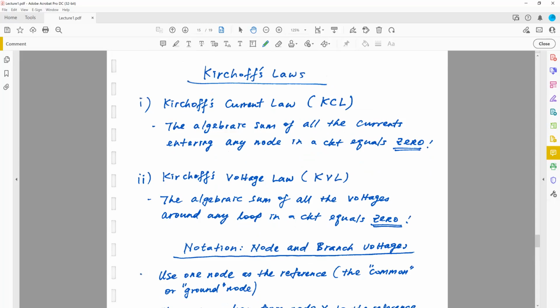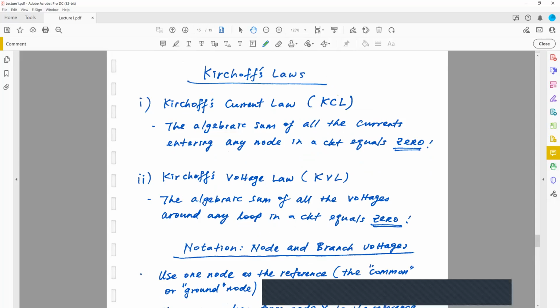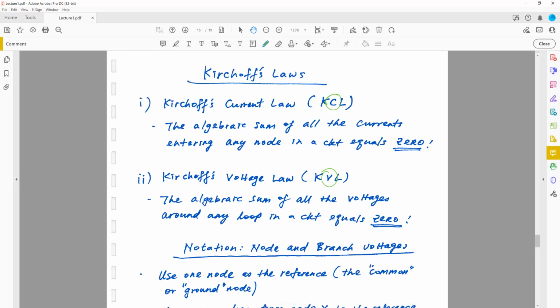The second one is Kirchhoff's voltage law, KCL and KVL. These 2 laws are very important. They basically govern the general rules that you need to apply when you analyze a circuit. So it is important that you understand how these 2 rules are different and how they work.